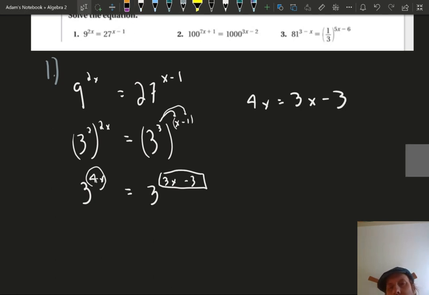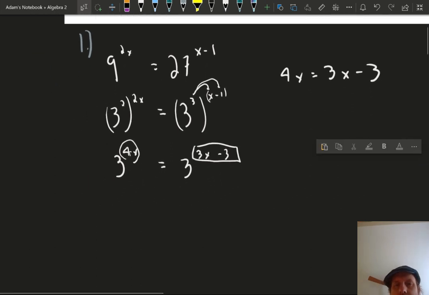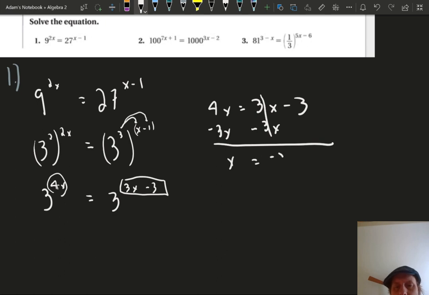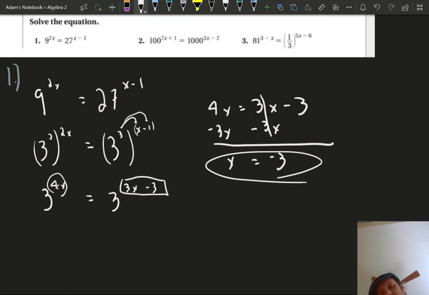And then to solve, I'll go ahead and subtract 3x on both sides. 4x minus 3x is 1x equals negative 3. So I have my answer right there, x equals negative 3. All right, and for these, you are supposed to do a check.